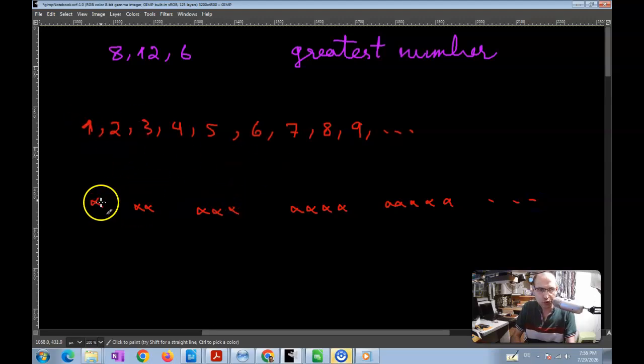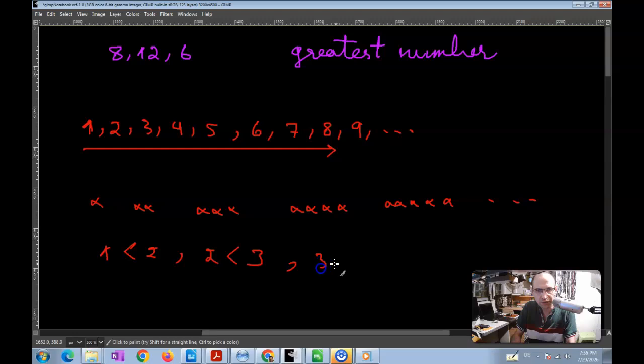So that means that as you move from the left to the right, the number of beats is increasing, right? Which means that as you move towards the right on this list, the number that comes first is always smaller than the number that comes next. Meaning that, for example, 1 is less than 2. Then you can say that 2 is less than 3, then 3 is less than 4, then 4 is less than 5.